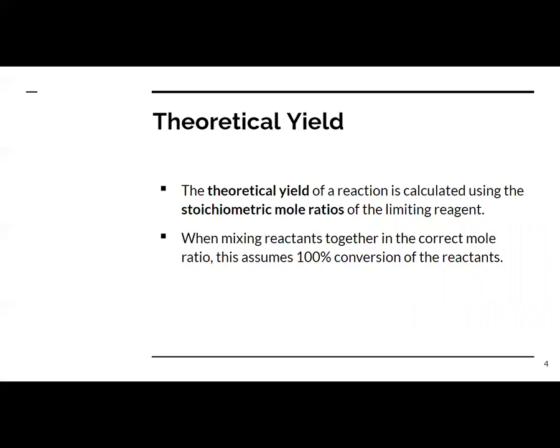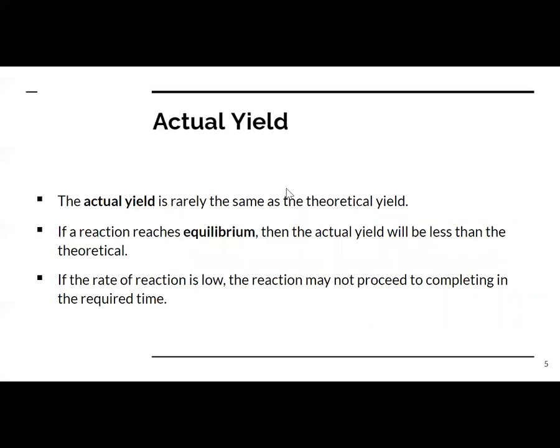So if you add sodium and chlorine together, then you should get sodium chloride, sorry. So these are stoichiometric mole ratios, and I'll explain them as we go through. So the actual yield is what we actually got.